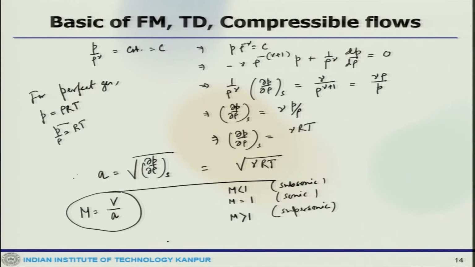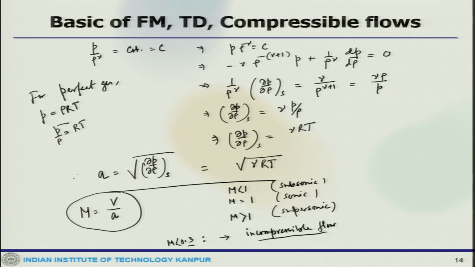Now, typically for M less than 0.3, the density variation is pretty much negligible, and that is why this range is assumed to be an incompressible zone, or incompressible flows, because the variation in density is quite small or rather negligible.